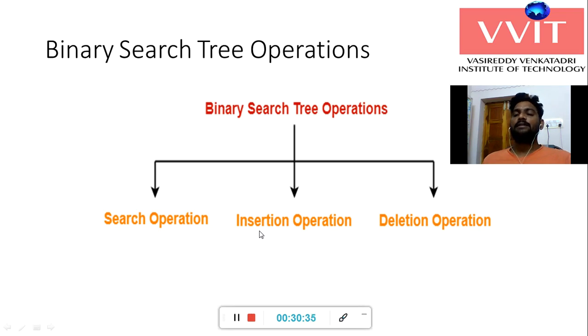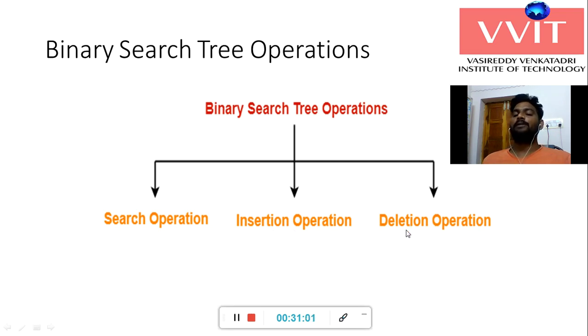What is insertion operation? To include or insert a new node into an existing binary search tree. But in a binary search tree, a new node is inserted only at leaf node positions. The key point is that in a binary search tree, a new node is included in the leaf node position only. That is called the insertion operation.